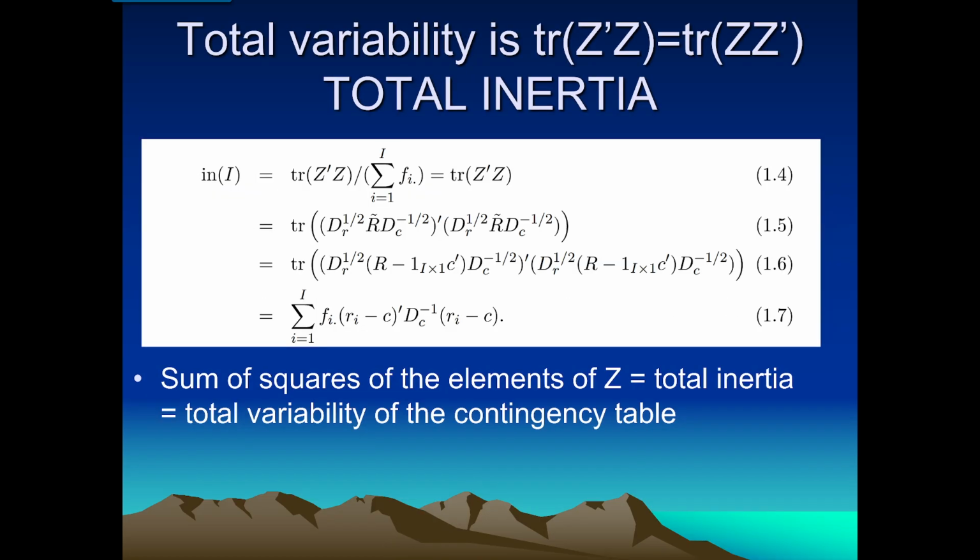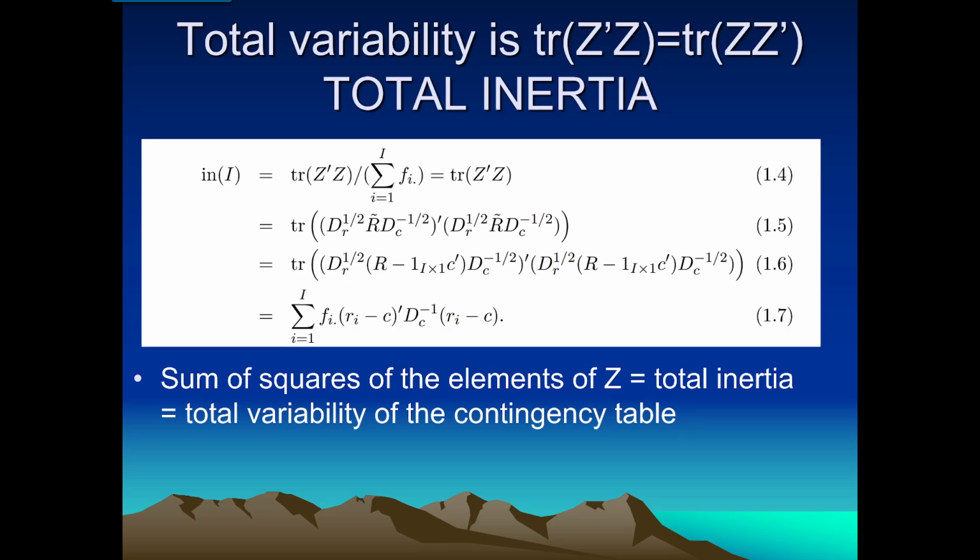Here, if you do the sum, I also put divided by the sum of f, but this is 1, because the sum of the relative frequencies is 1. So the trace of this, or the trace of this.